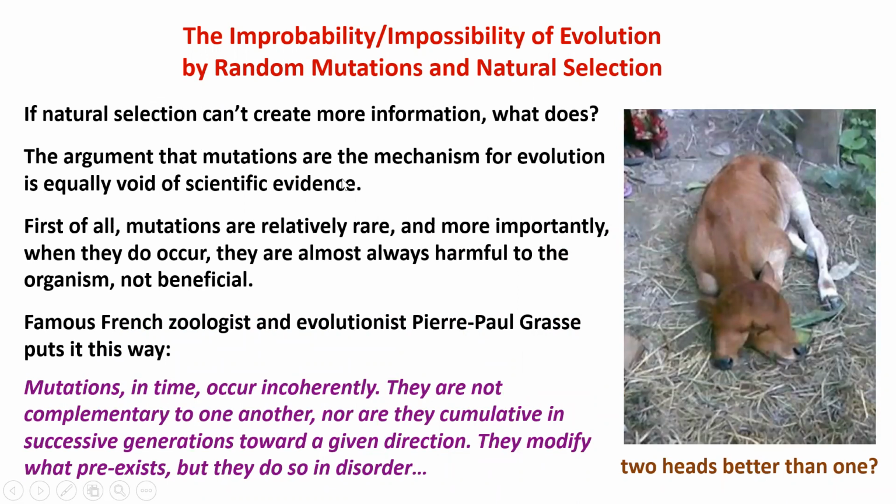What does? The argument that mutations are the mechanism for evolution is equally void of scientific evidence. No scientific evidence. First of all, mutations are relatively rare. You don't come across mutations every day. They're very rare, and more importantly, when they do occur, they are almost always harmful to the organism, not beneficial.